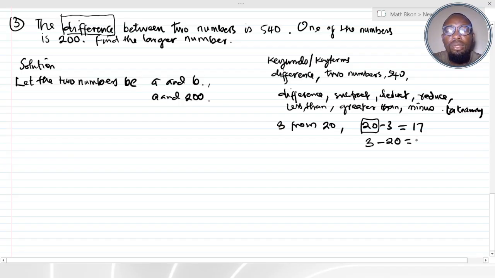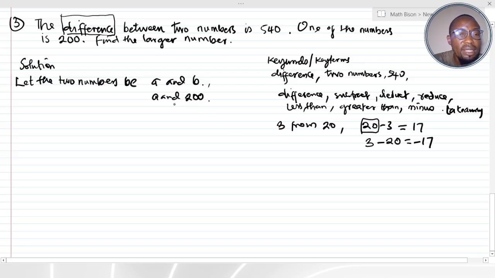But largely, we want to focus on making the larger number first. So we are having positive difference and negative difference. Positive difference means we are putting the larger number first, and the negative difference means we're putting the smaller number first, so that we can have minus 17.